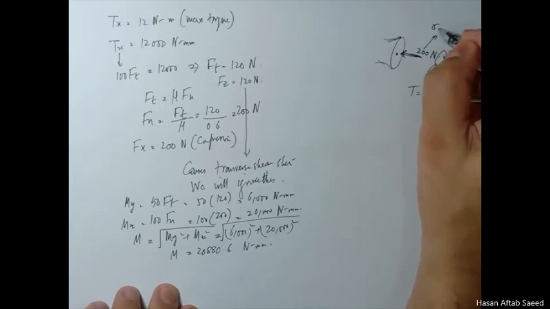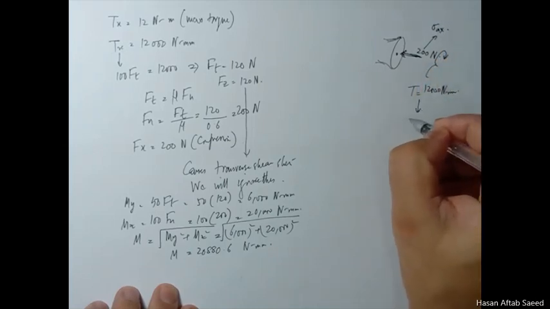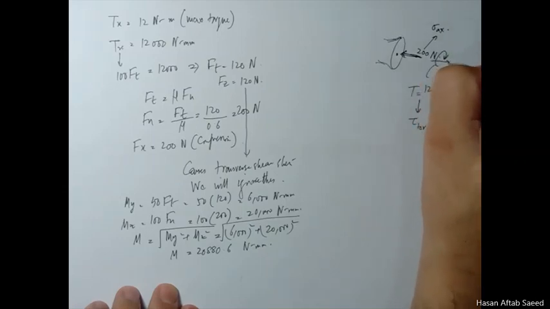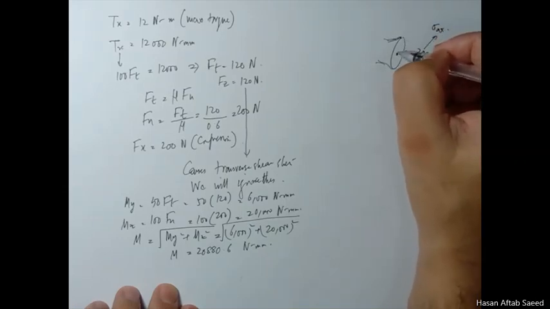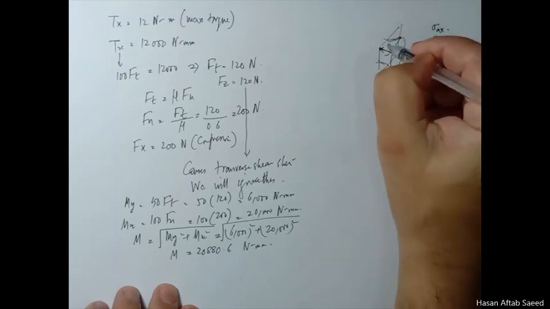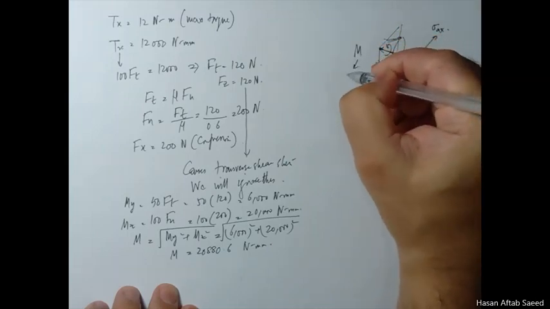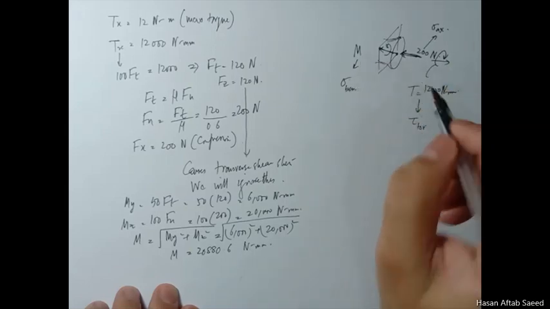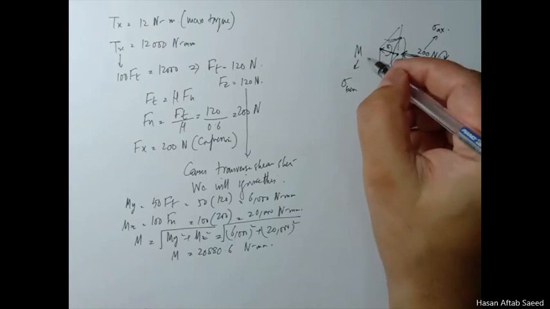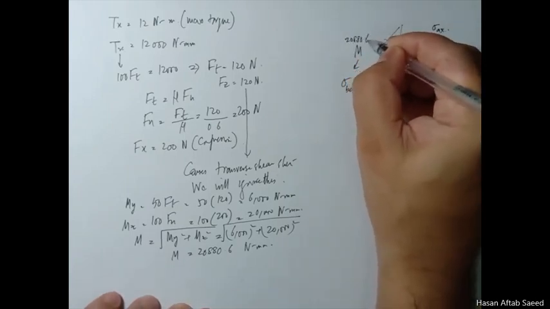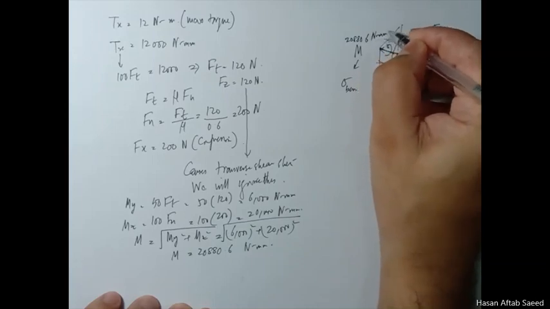This causes sigma axial. This causes torsion. And then in this plane you have a bending moment which causes sigma bending, and the value of this is 20880.6 Newton millimeter.